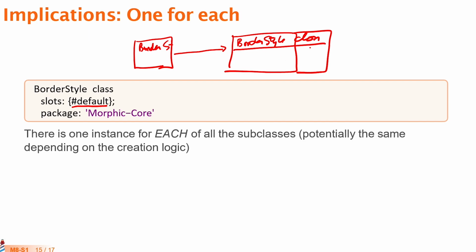So up. And here I have default. What does it mean? It means that every class has its own instance, because the meta class describes the class. So this class is an instance of this meta class.